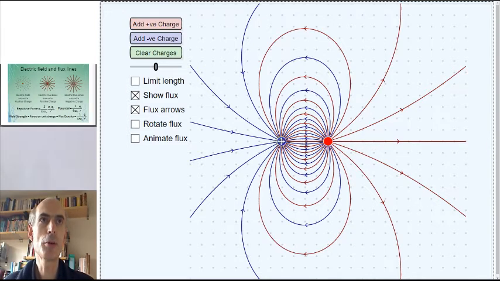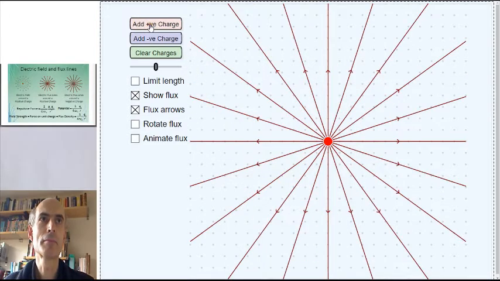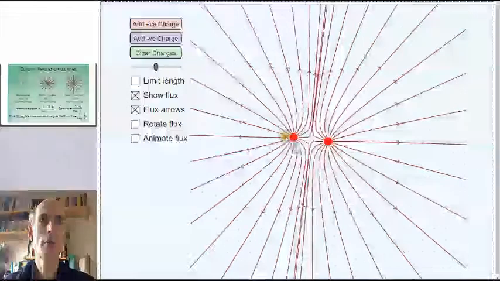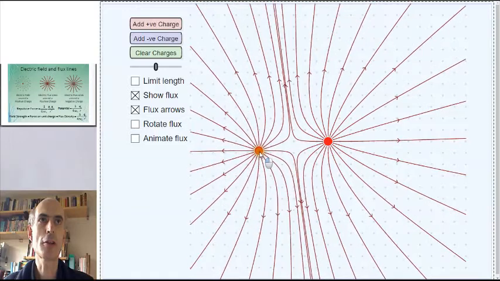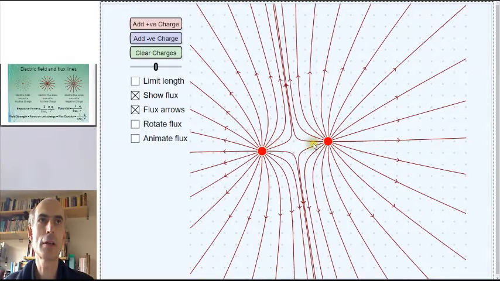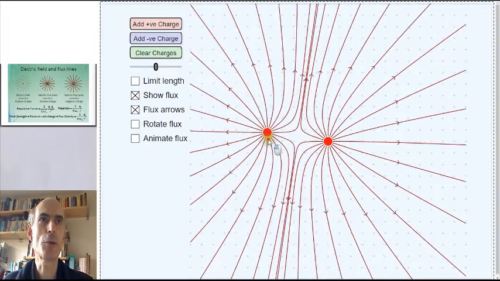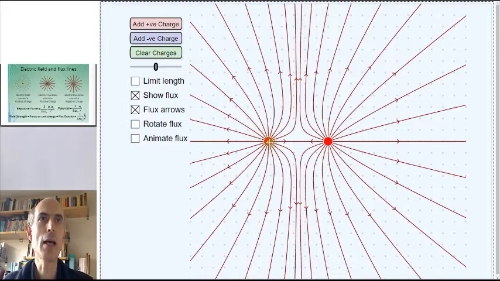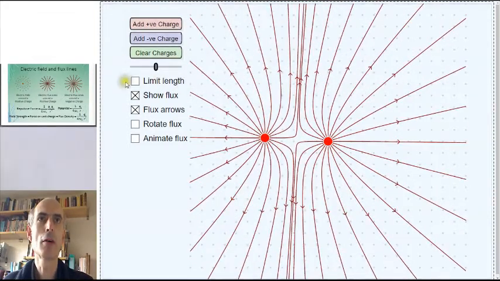If there are two positive charges, then you'll see that the flux lines sort of repel each other. I noticed this when I was playing around with this demo, and you can limit the length of the flux lines in the demo. Now, real flux lines are not limited in length.